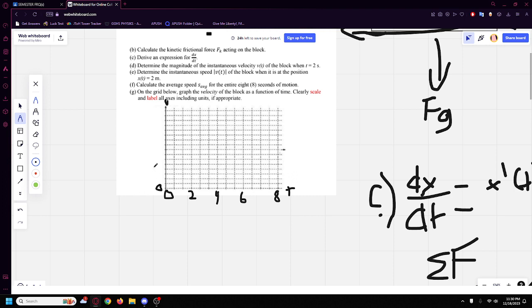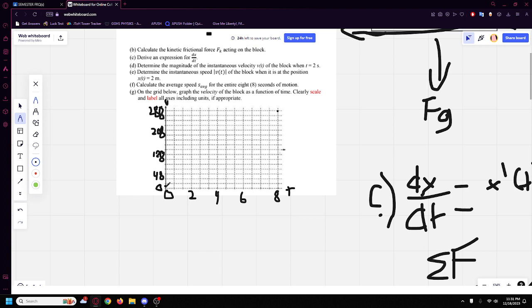At t equals 0, it should be around where 4 is.